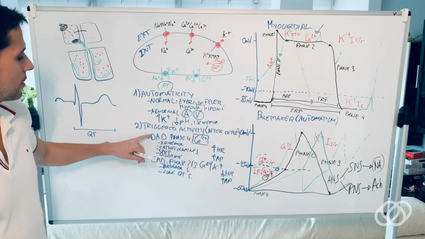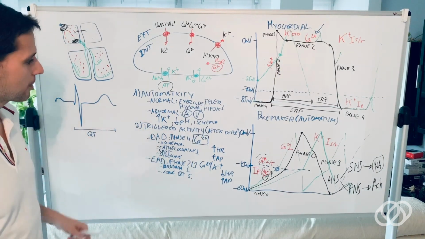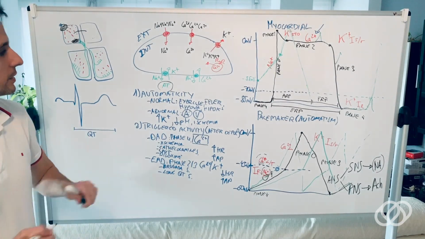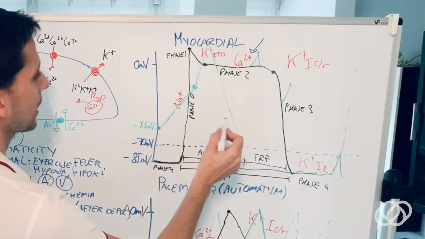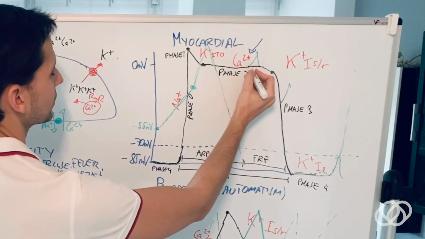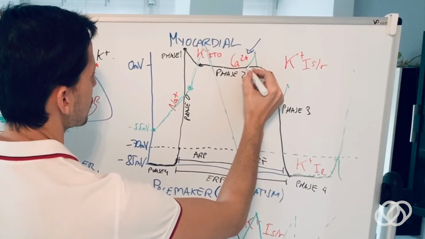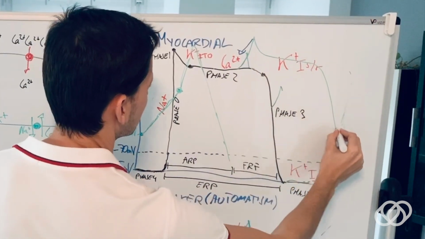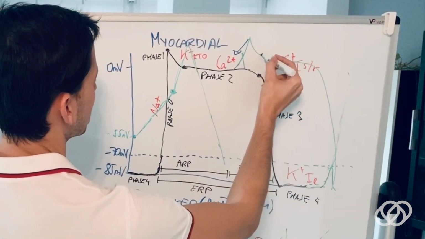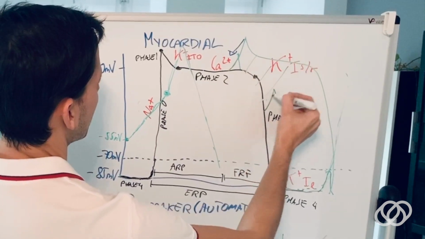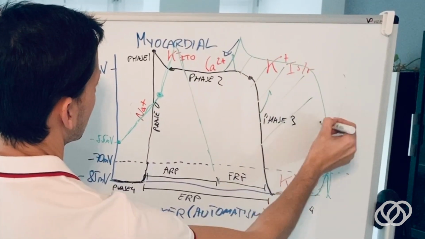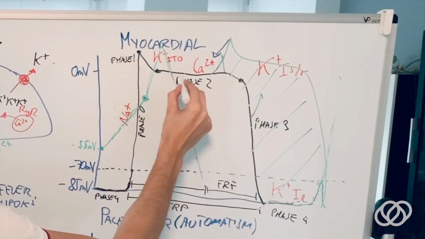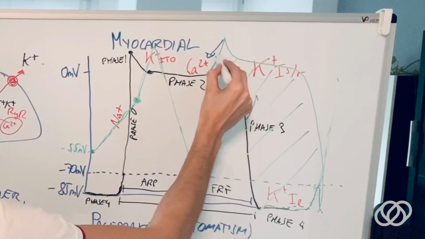What is the problem with those phenomena of after depolarization? Let's say that we have an early after depolarization here. If we have another action potential happening here, we have a gradient between one cell and another. One cell is depolarizing like this and others are depolarizing like this.